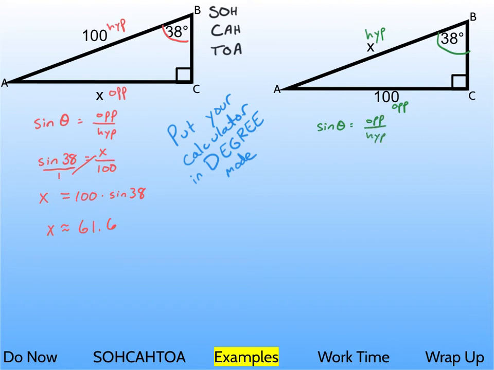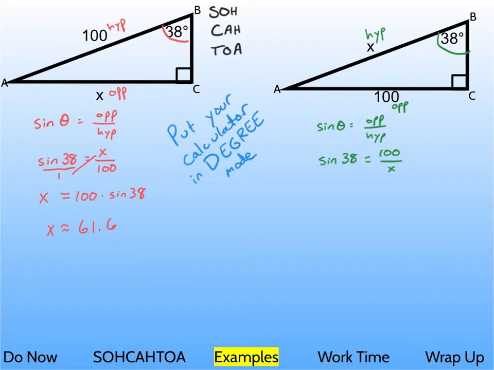Remember, again, we pick sine because sine is the only one that uses both opposite and hypotenuse, and that's what we care about and what we have in this example. And then sine of 38 equals the opposite, 100, over the hypotenuse, x. So you see how it's just the reciprocal of what we were dealing with before. But we're going to solve it the exact same way.